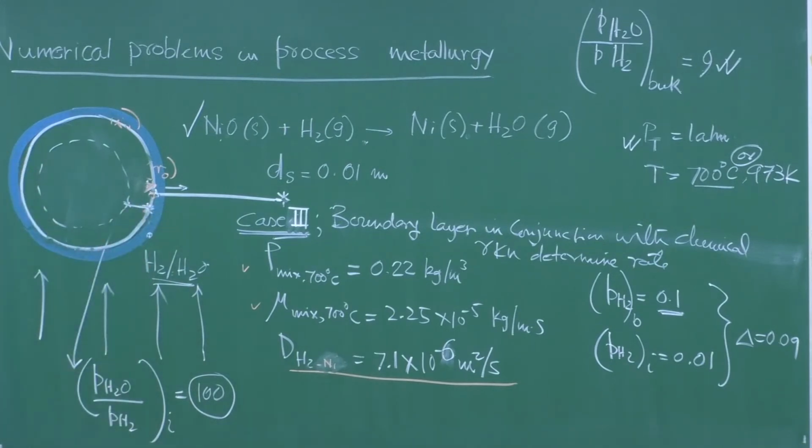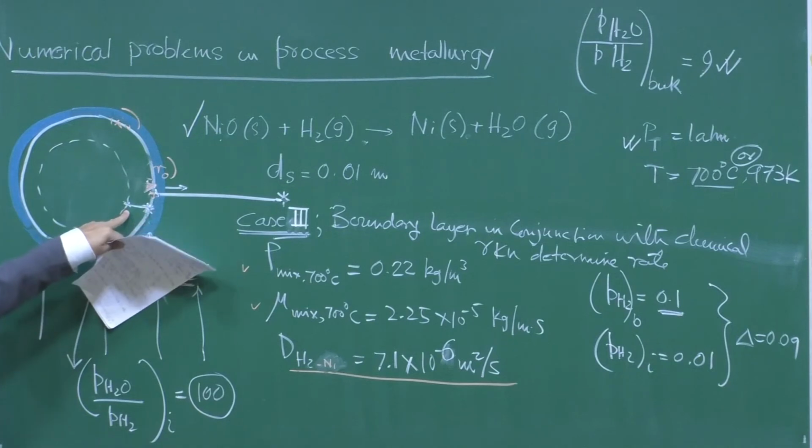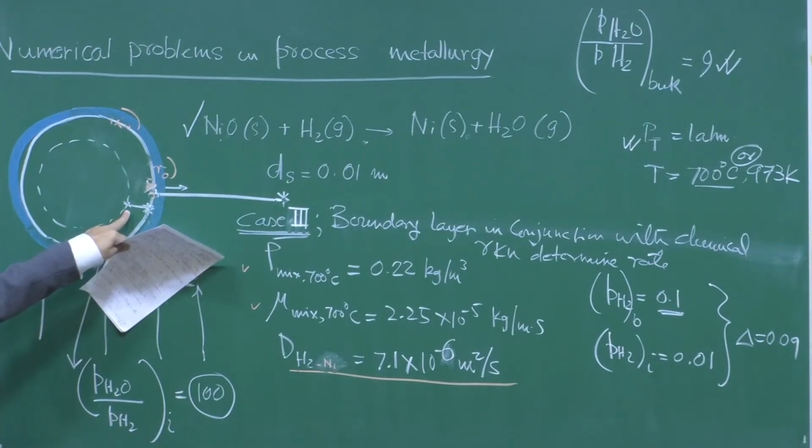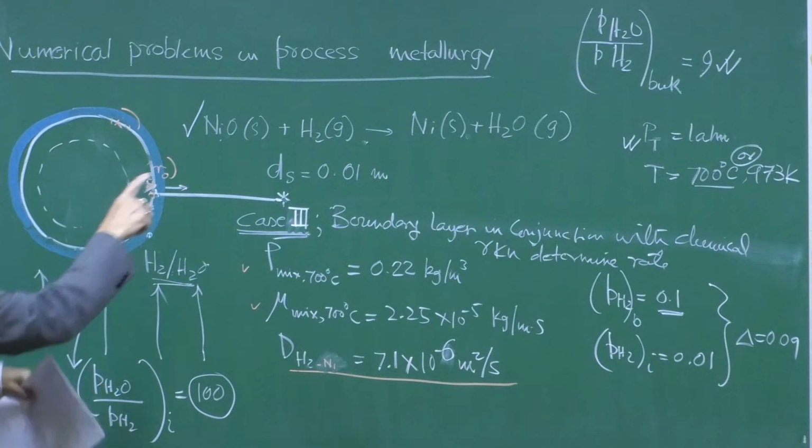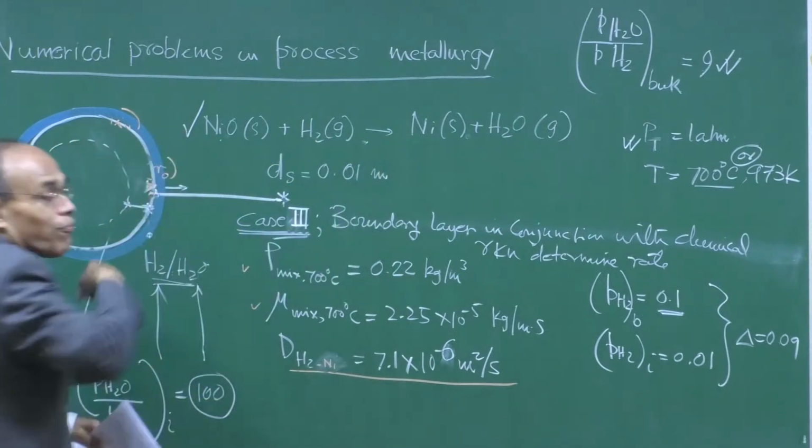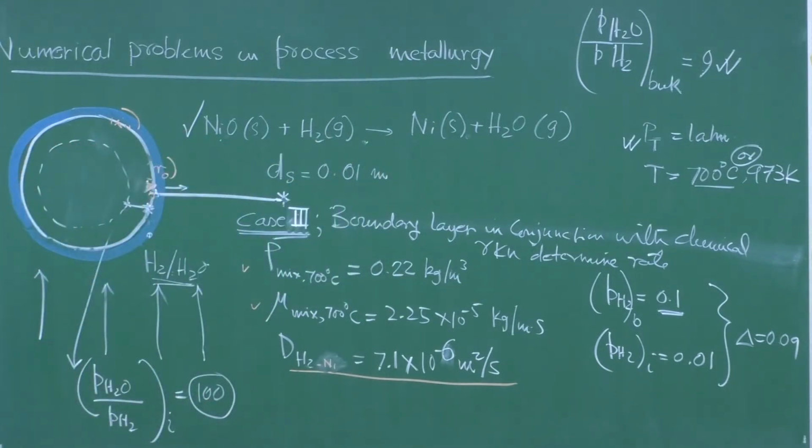But remember, we can no more say that this concentration is equal to the equilibrium concentration as we have done in the case of case 2, when diffusion was the rate limiting step and we considered the chemical reaction to be infinitely fast and therefore approaching equilibrium or essentially at equilibrium. And based on that delta G naught value, we have calculated the equilibrium concentration and specified the concentration, but we cannot do it now, because chemical reaction itself is rate limiting.